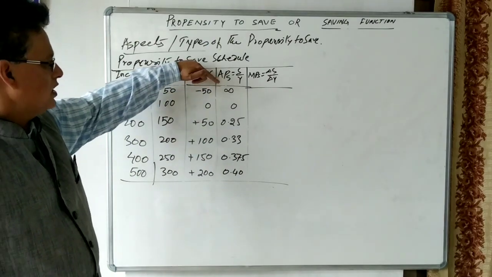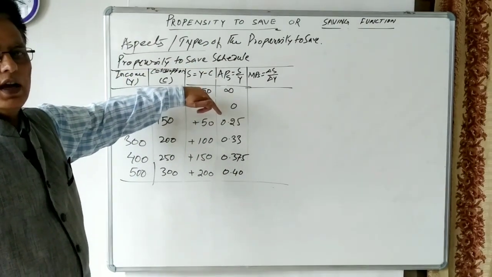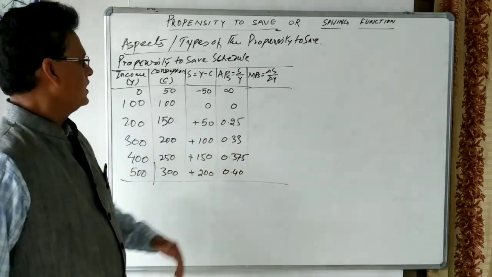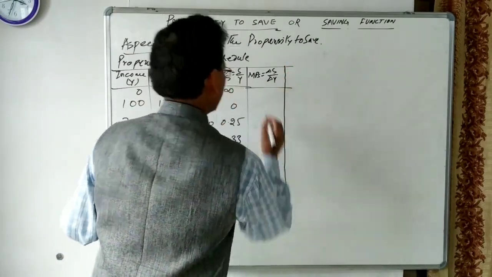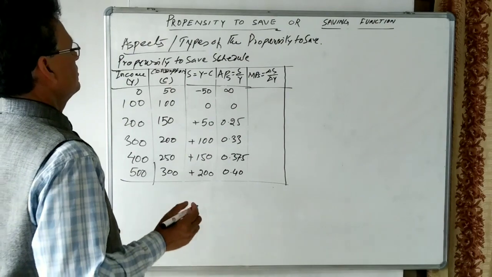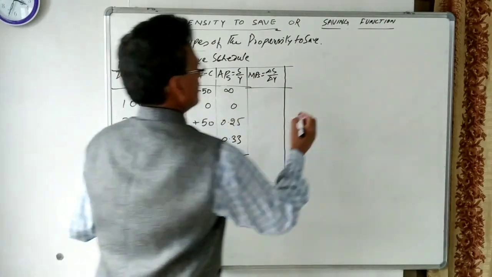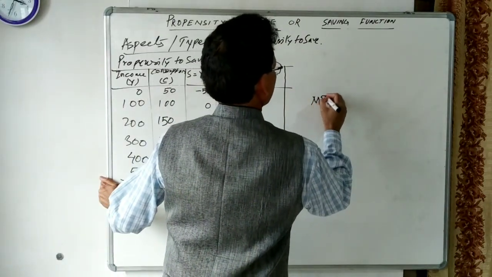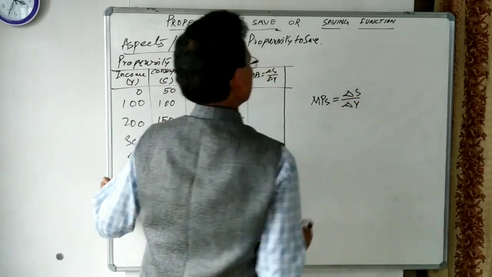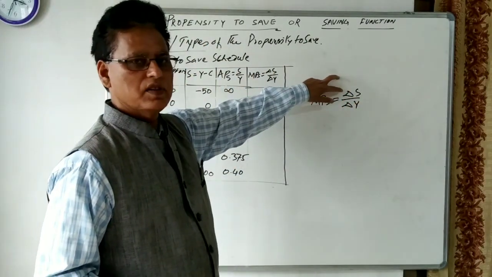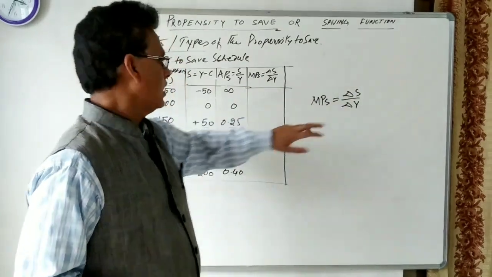Now let us find the marginal propensity to save. I have already given you the formula: change in saving divided by change in income.